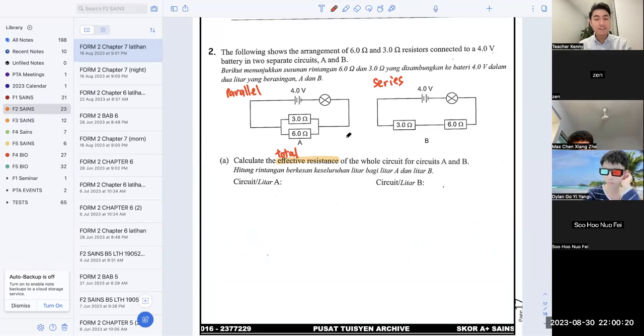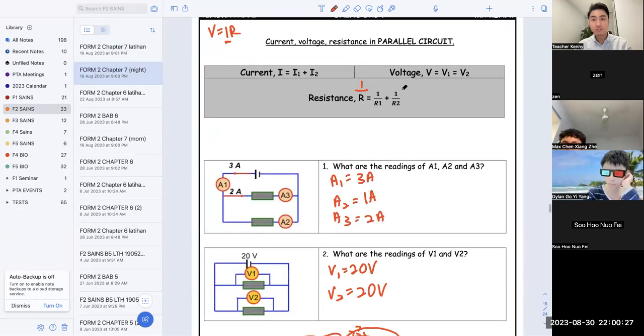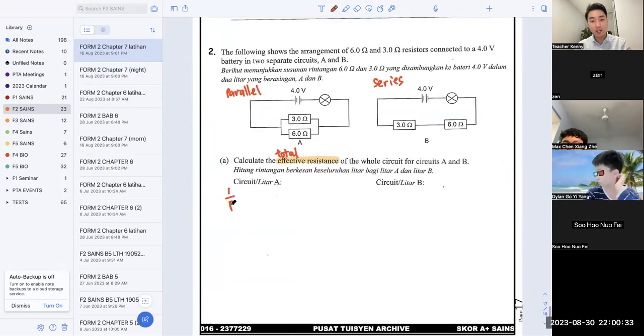Understand? So how to calculate the total resistance of a parallel circuit? Formula? Let's write down: 1 over R equals 1 over R1 plus 1 over R2.